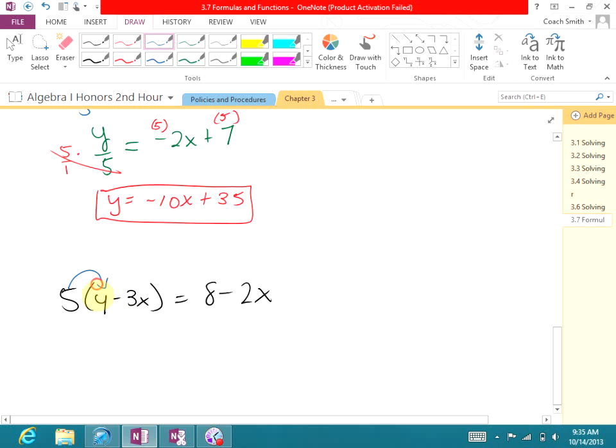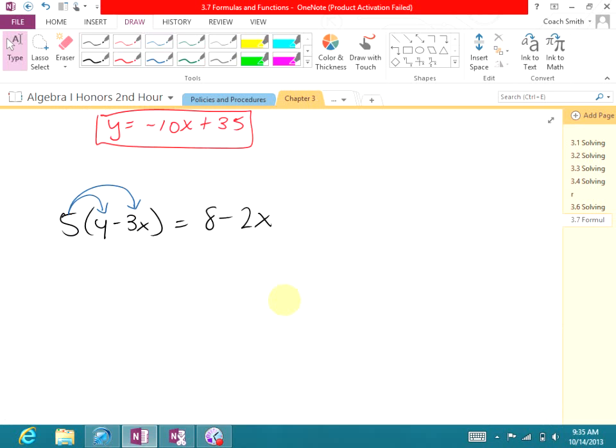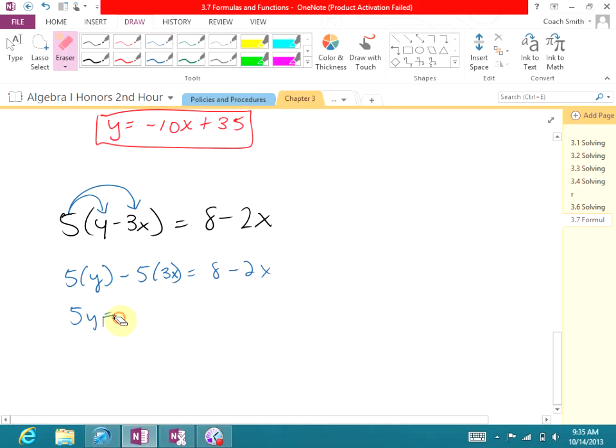Have to distribute. And that gives me, when I distribute, 5 times y minus 5 times 3x, excuse me, equal 8 minus 2x. And that gives me 5y minus 15x equal 8 minus 2x.